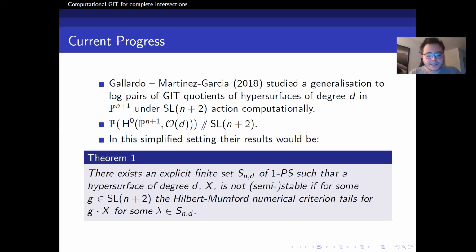This is useful because, if you remember, the Hilbert-Mumford numerical criterion essentially requires us to check stability through all one parameter subgroups, but this essentially tells us that if we want to check that something is not stable, we can check a finite set of these one parameter subgroups.